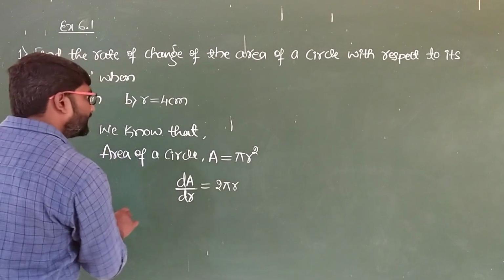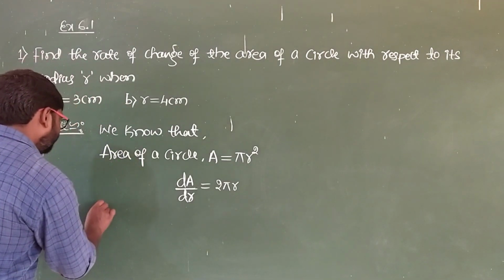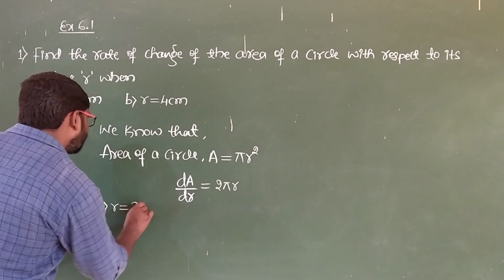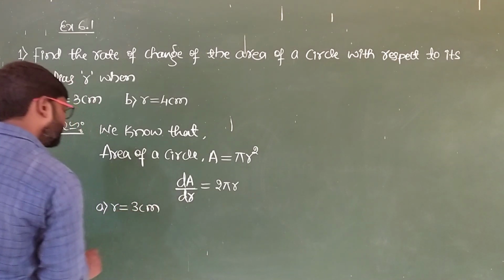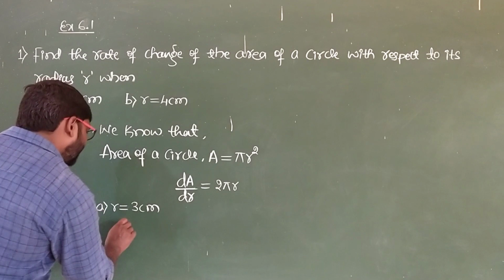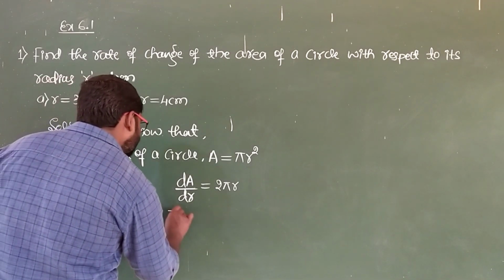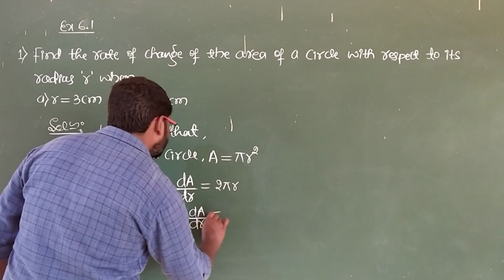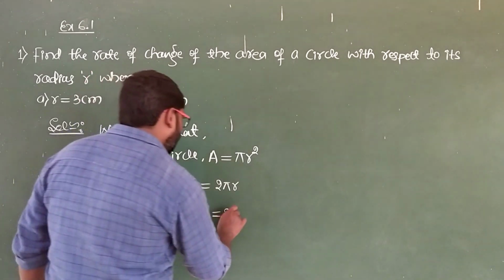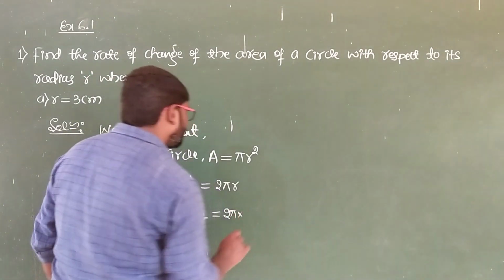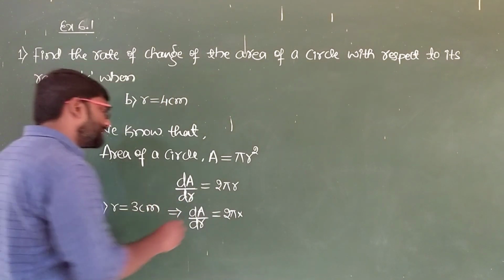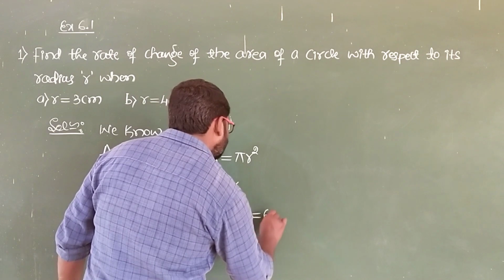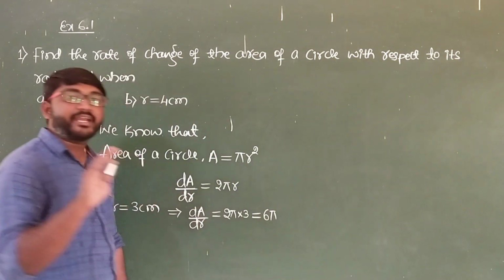So case A is when r equal to 3 centimeter, then dA by dr equals 2 pi into r, that is 3 centimeter. It is 6 pi and we have to write the unit.